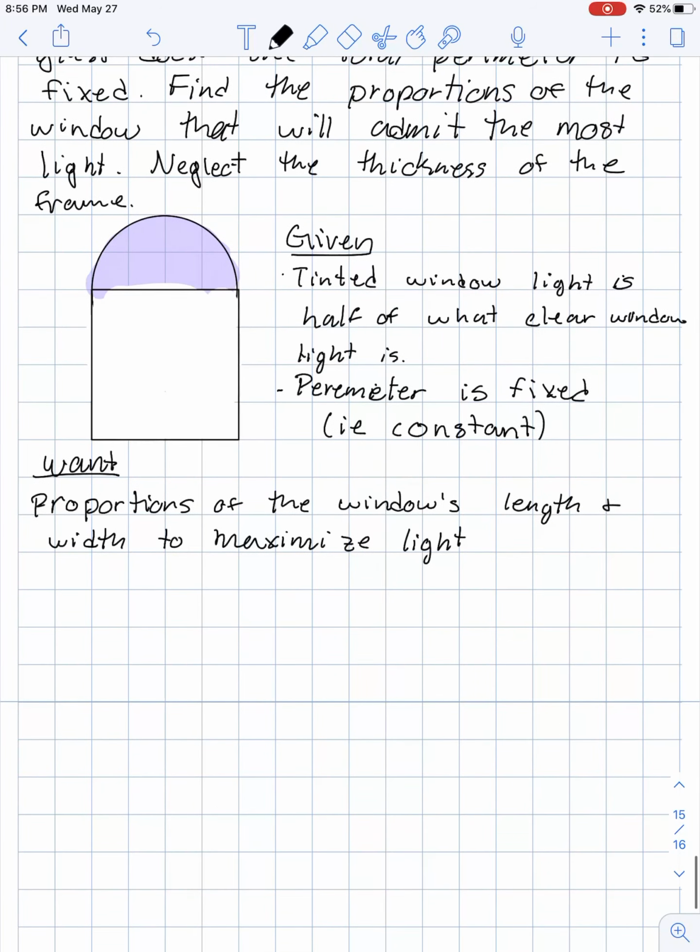the semicircle. So I know that the area of a rectangle is length times width. I know the area of a semicircle is, well, it's going to be half a circle, so 1/2, and area of a circle is pi r squared. So notice that this is our radius, right? Our diameter, 2 times our radius, is our length.